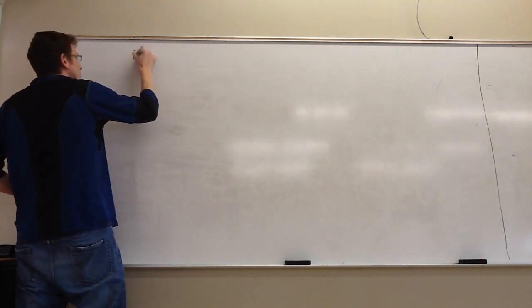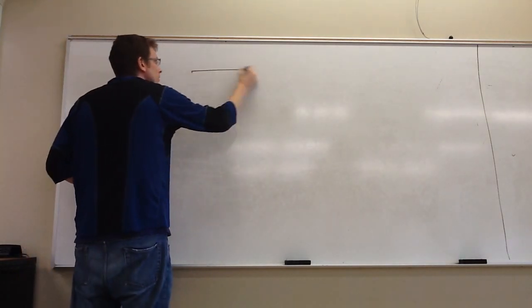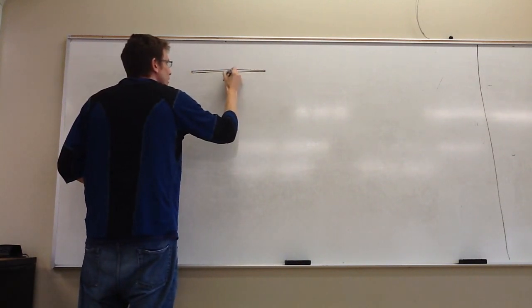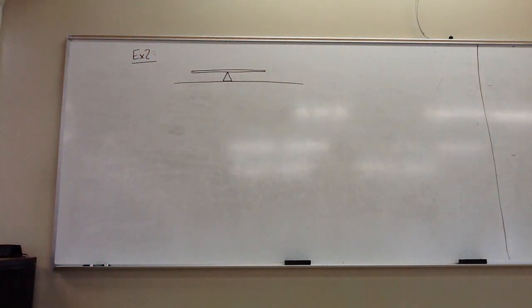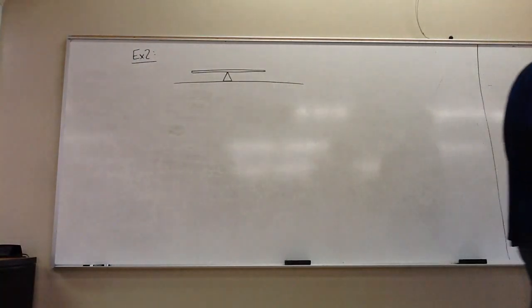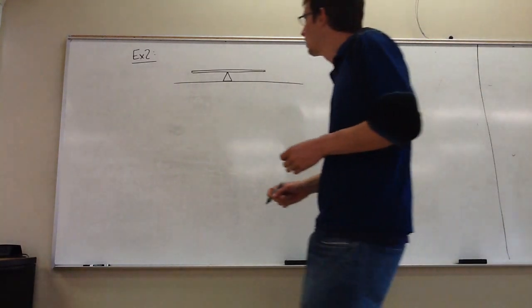So this is my example number 2 with numbers, and I'm going to have a seesaw. I mentioned I would do a seesaw example. Here it is. So a seesaw is this plank. It has this kind of pivot in the middle. Unless you have some weird seesaw, it pivots exactly in the middle.